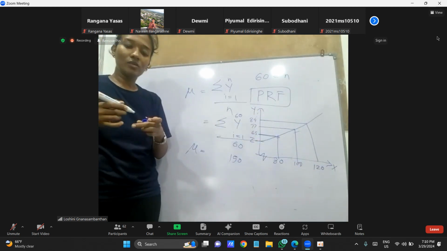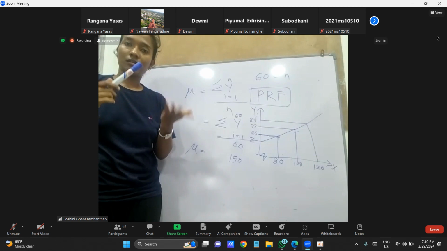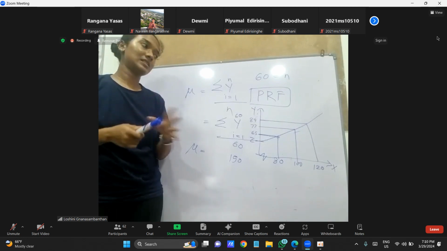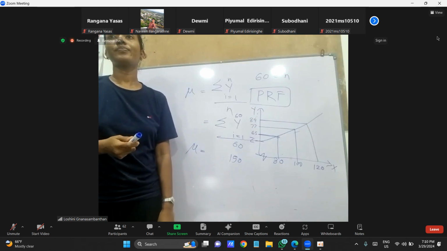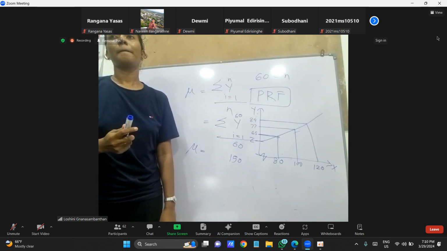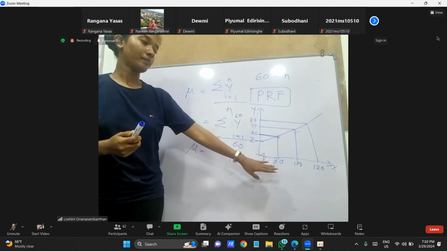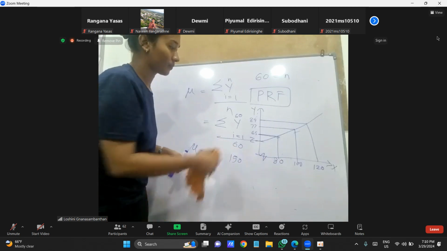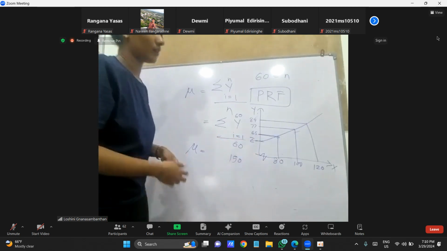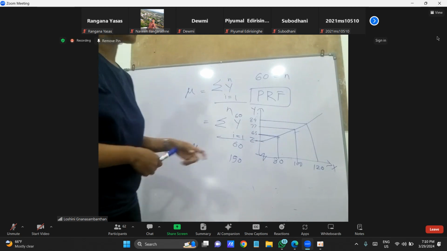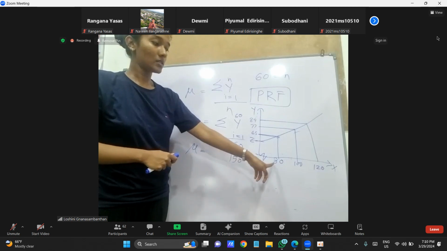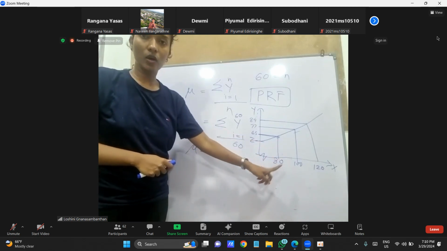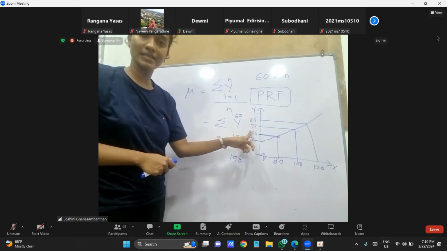So another use of the conditional mean of y given x is that you can form the population regression function through this. At x being $80, you can find the conditional mean 65.